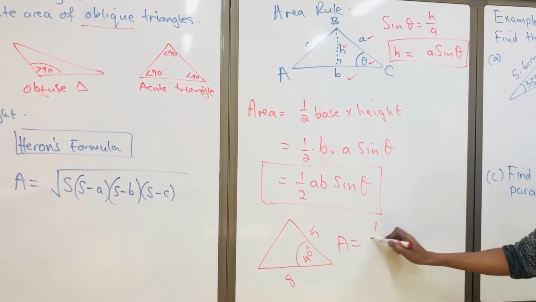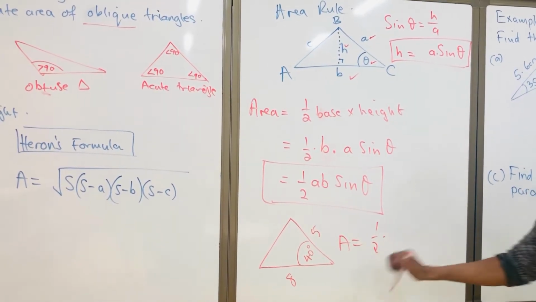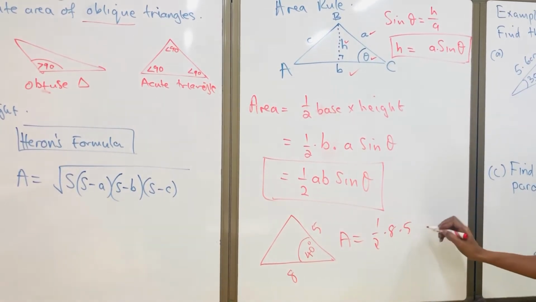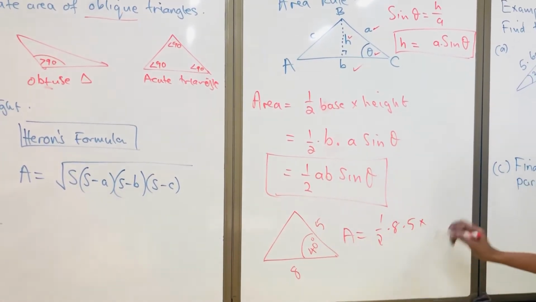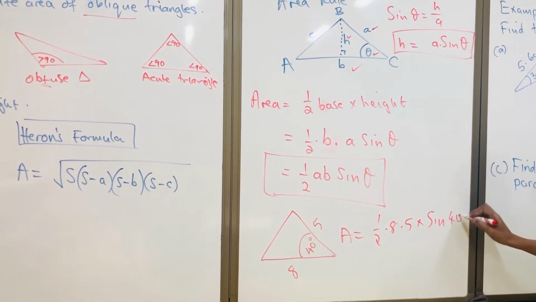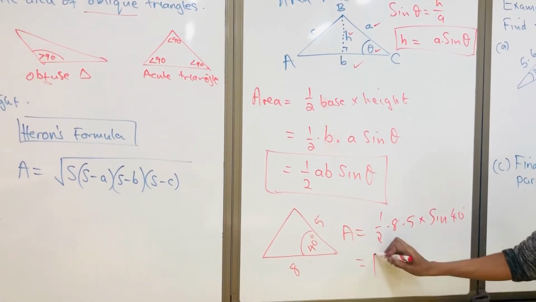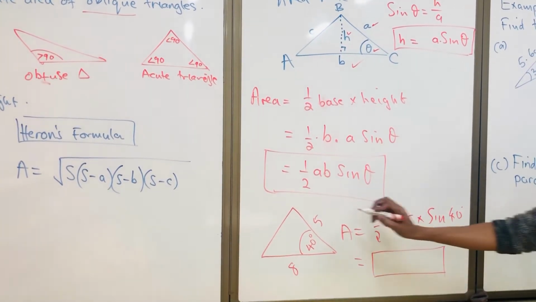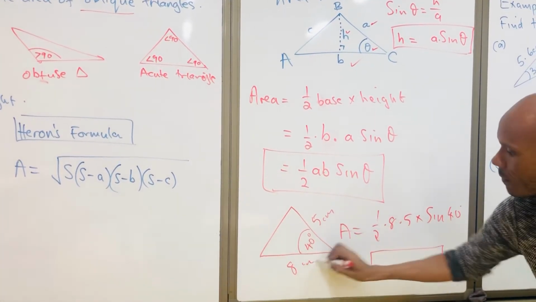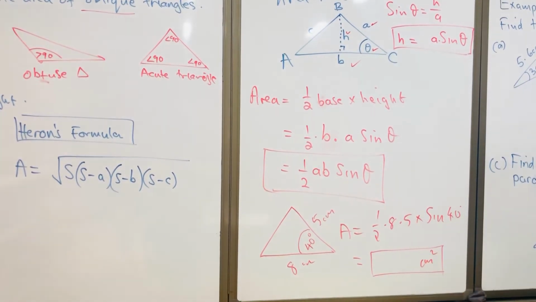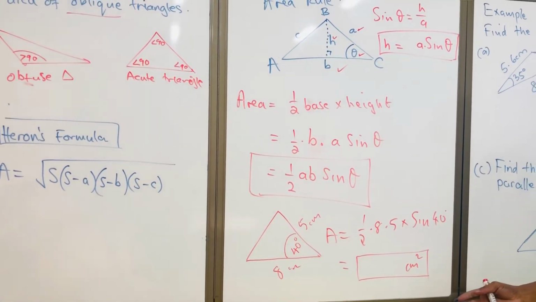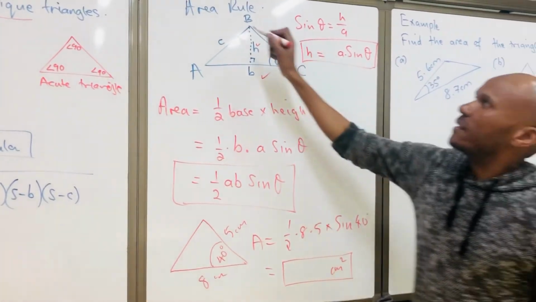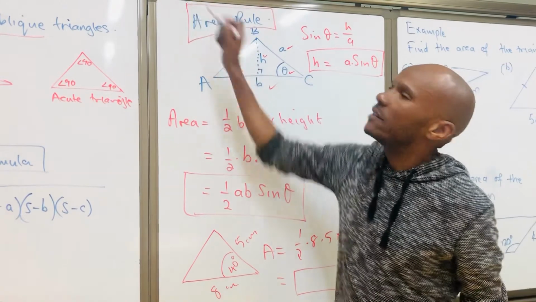The area would be half times 8, multiplied by 5, multiplied by sine 40. The answer you get there will be your area. So we've derived the area rule there.